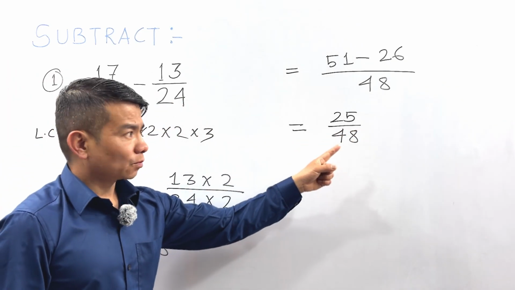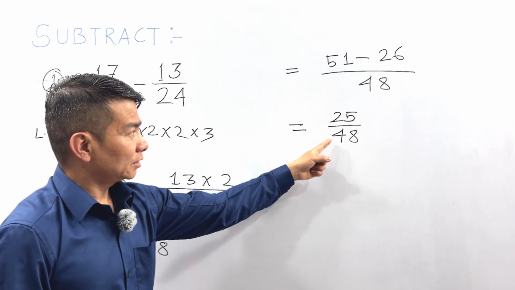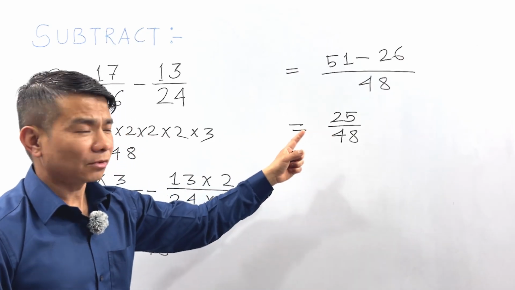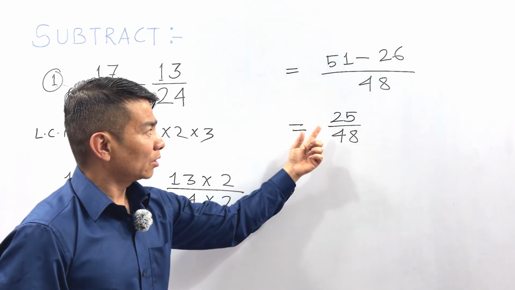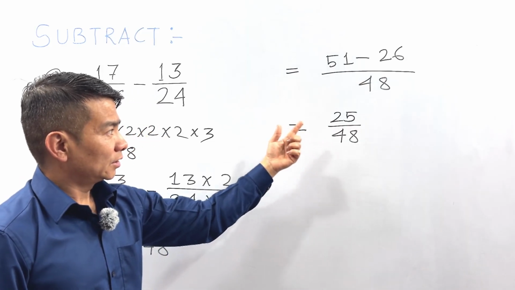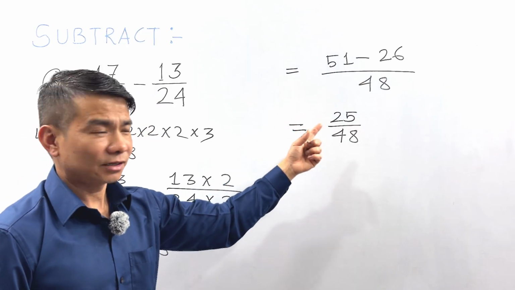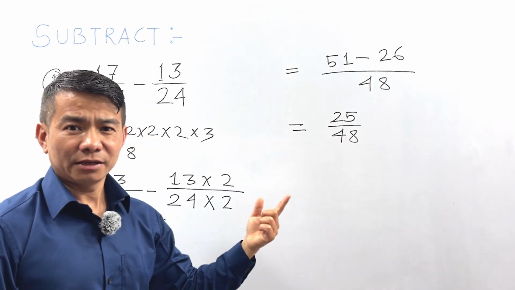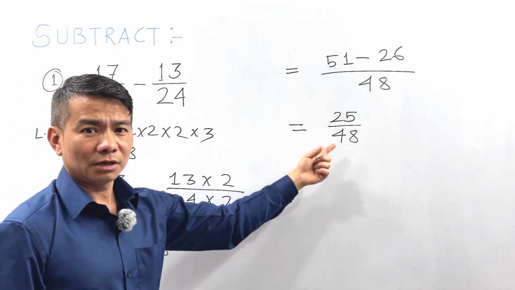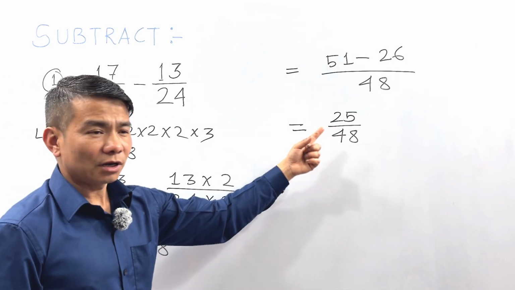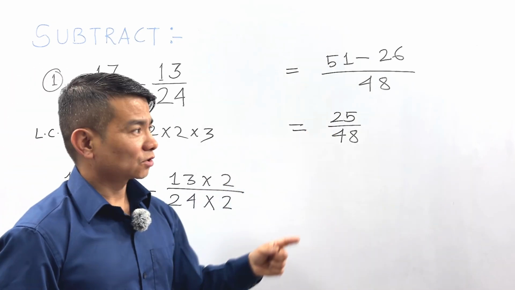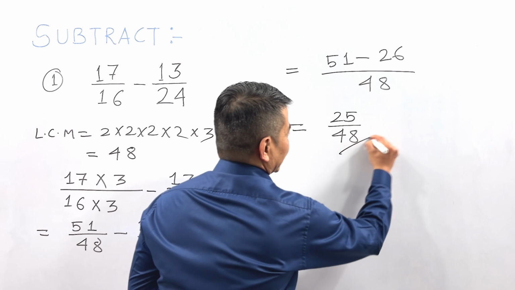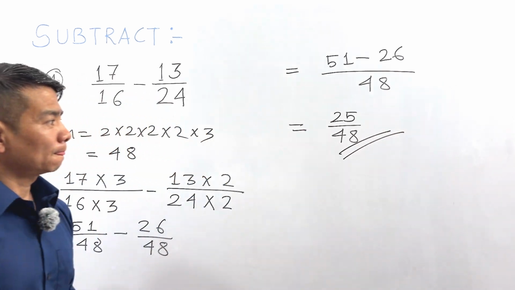First of all, we check whether these two numbers are in lowest form or not, that is, whether these two numbers are divisible by any common divisor or not. We can see that we cannot divide 25 and 48 by any common divisor. So this is in our lowest form, and also this is our proper fraction. So this is our final answer.